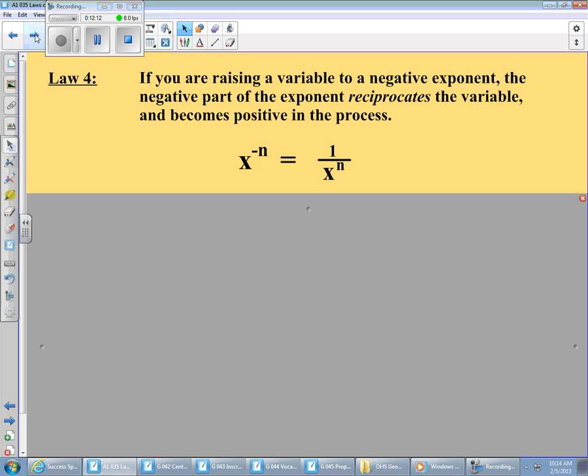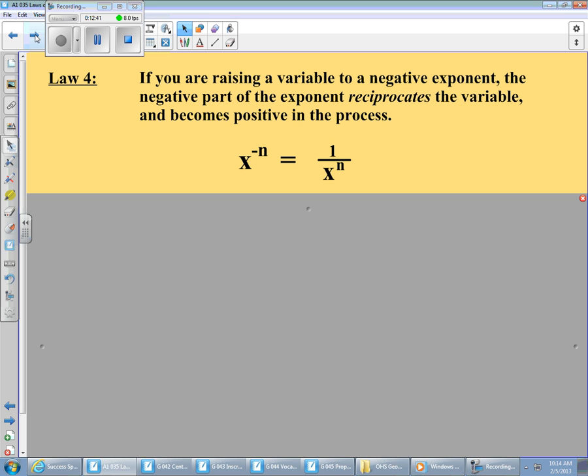Okay, so what happens is, as the rule says, if you raise a variable to a negative exponent, the negative part of the exponent does what we call reciprocates. Okay, and we've talked about reciprocates before. Remember what it means to reciprocate something? Flips it upside down. Okay, it flips it upside down. So if we have something that has a negative exponent, then that thing's going to have to flip.